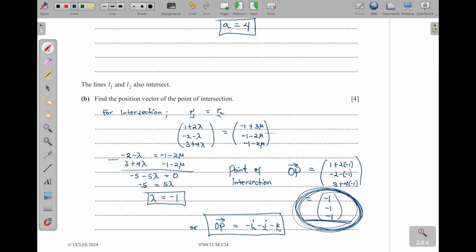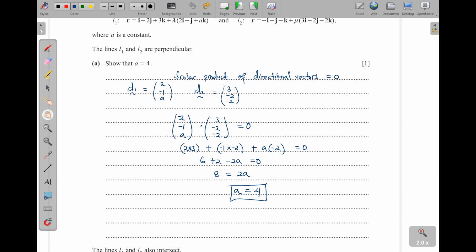This is the point of intersection between those two lines because they are intersecting. And they also said that these two lines are perpendicular. Check it here. The lines are perpendicular. Part A, part B, part C are all under this stem here. So that is our P.